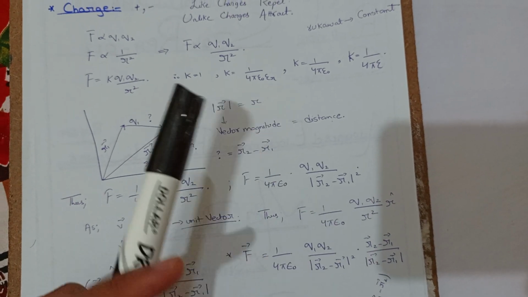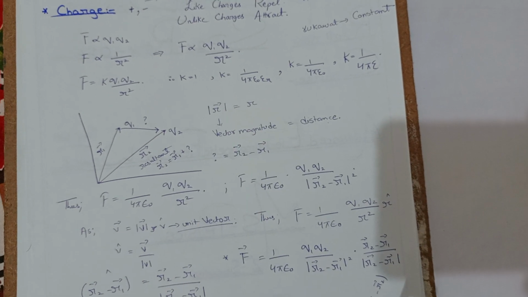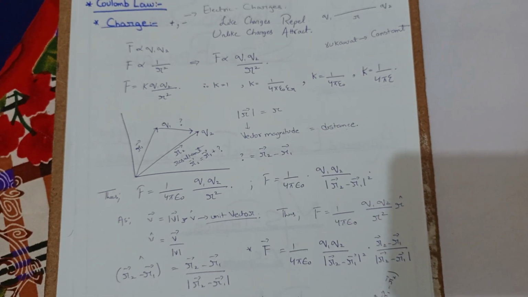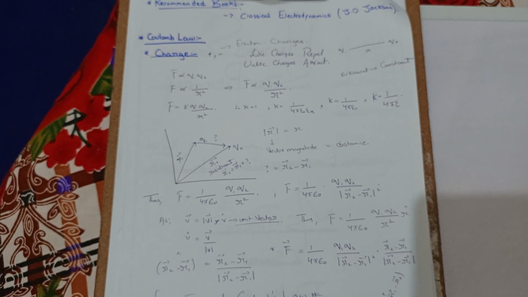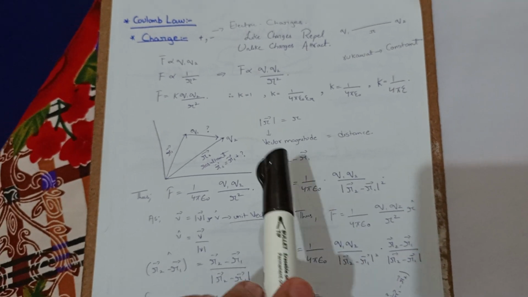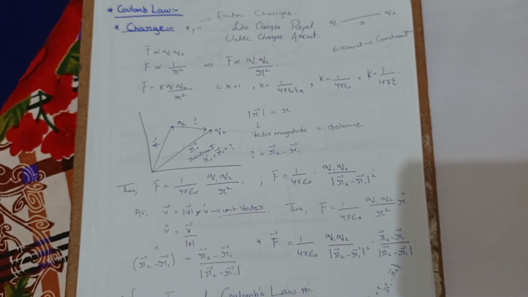The interesting thing is that when you take the magnitude of a vector, it becomes a distance. Quite simple: if you have a vector and you need a distance, just take the magnitude of that vector.